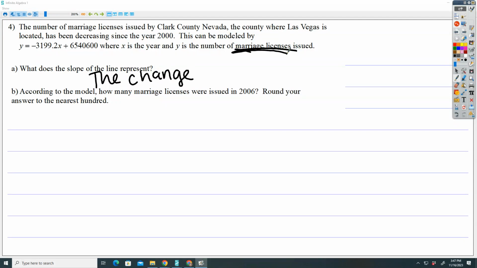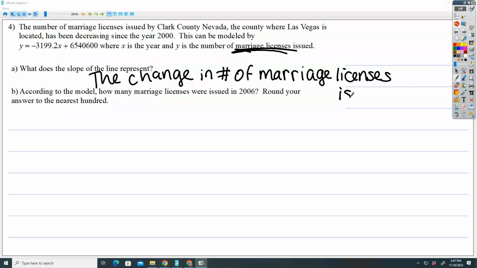So it's the change in the number of marriage licenses issued each year. Since x represents the year, that's where I come up with it's decreasing each year. And y is the number of marriage licenses issued.